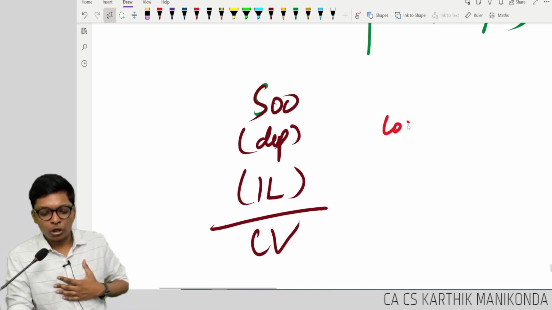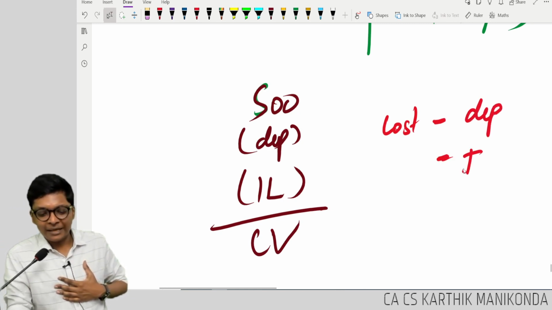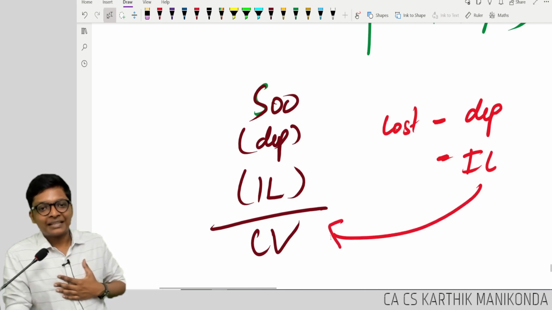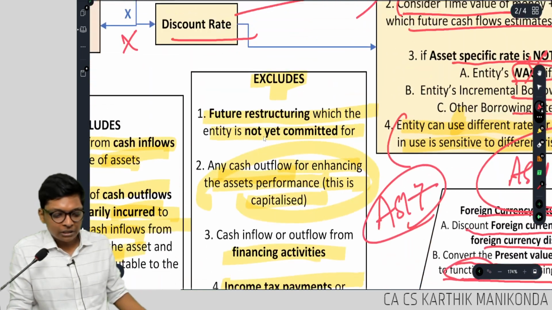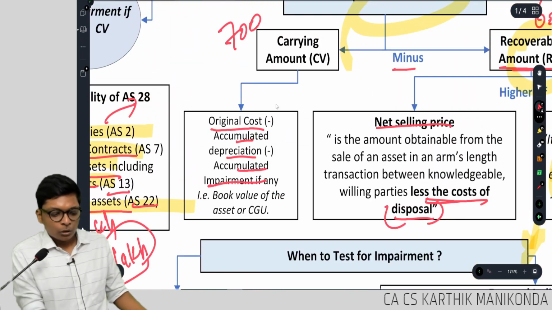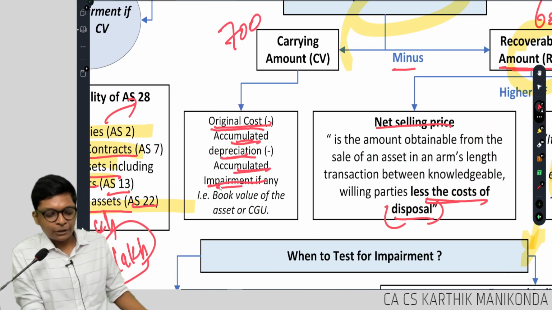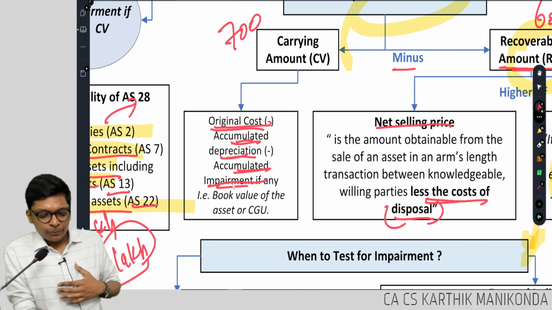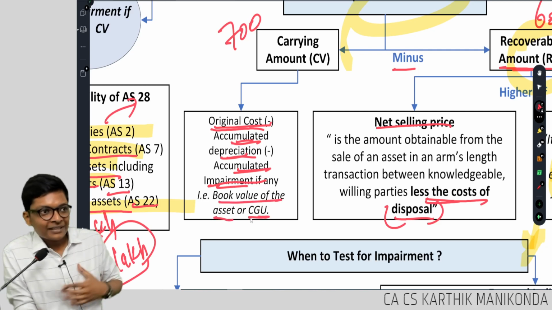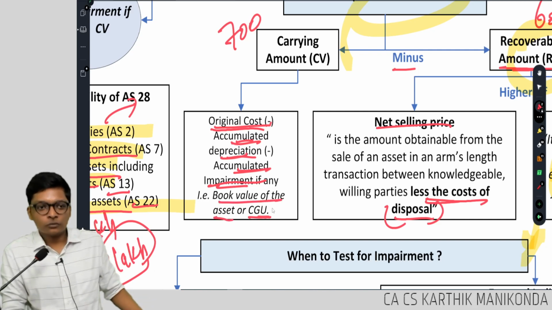All this time you thought carrying value is cost minus depreciation, but now it is cost minus depreciation minus impairment losses. That I explained in the start in the notes. What is carrying value? Original cost minus accumulated depreciation minus accumulated impairment if any. Are you following? That is the book value of the asset or CGU. Now you are getting what is CGU.